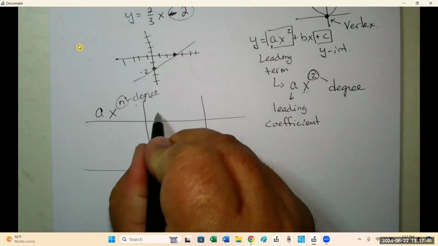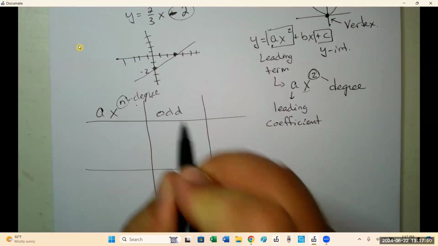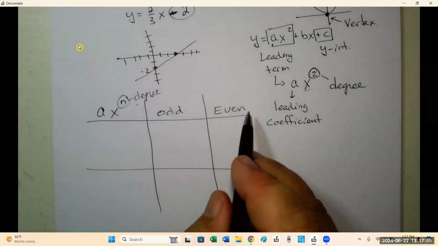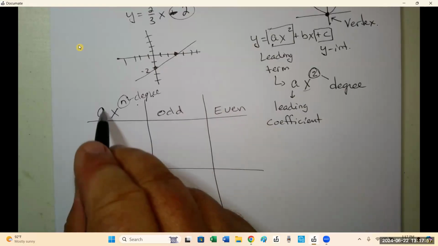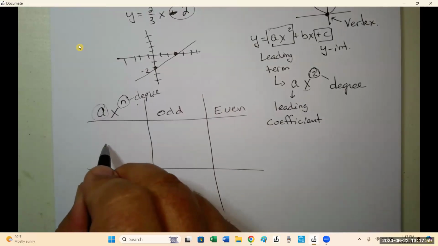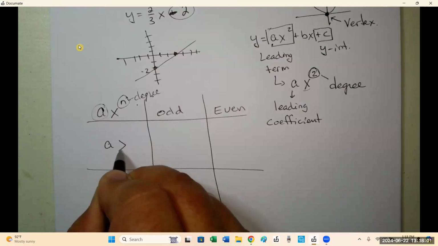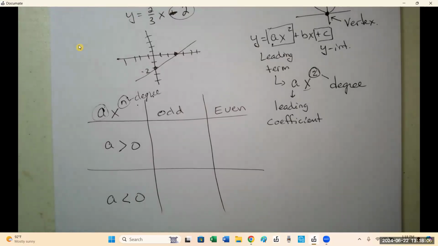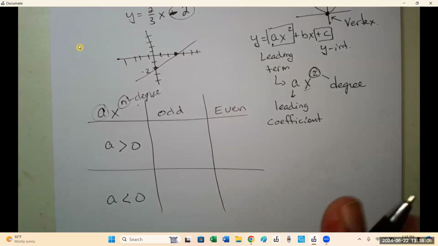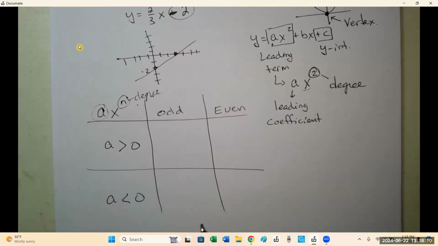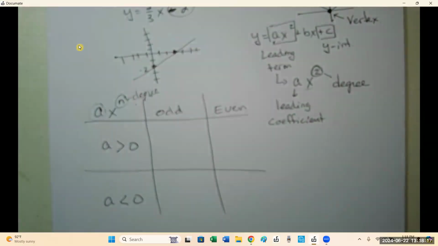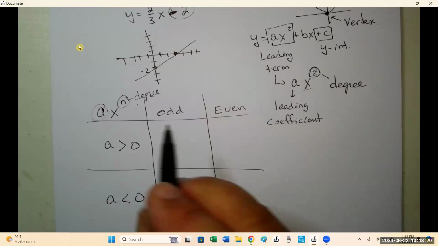Okay, whether the degree is odd or even, that's what it'll be on, look at the top row, and the leading coefficient, whether it's positive or negative. But we know for sure that a cannot equal 0 in quadratic equations, because if a is 0, then we get a linear equation, so it doesn't help us much.